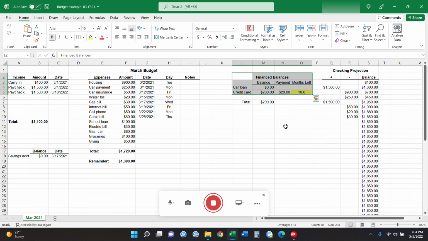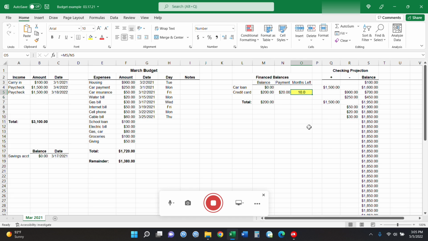And I have this set up so that you have a real basic situation here. So for example, I'm showing a credit card with a $200 remaining balance. The normal monthly payment is $20, and therefore we do the math, and it shows you there's 10 months left to pay on that balance to get down to zero. So that gives you some idea there.